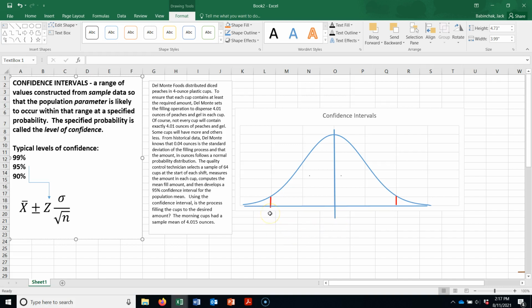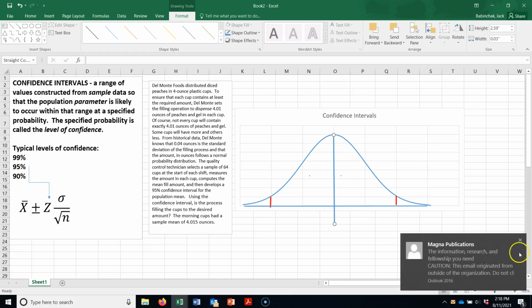So I get a number, I put it here, I get a number, I put it here. I want to be 95% sure that our population mean is somewhere in there. It could be here, it could be here, but it's somewhere between those two numbers. What's bad is if my population mean is actually here, or here, or here, outside of what my confidence interval is. So that's why we set a confidence interval at what we do.